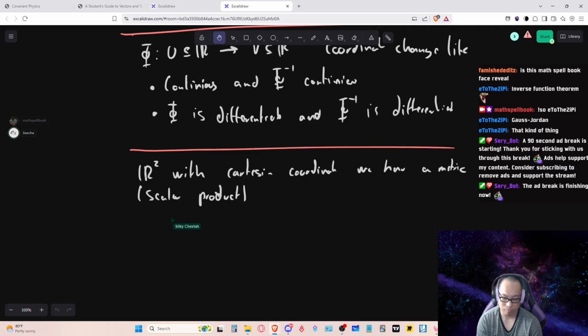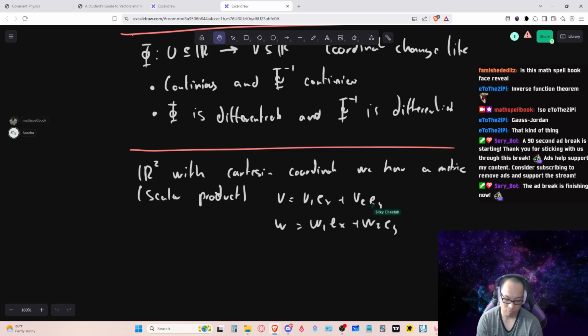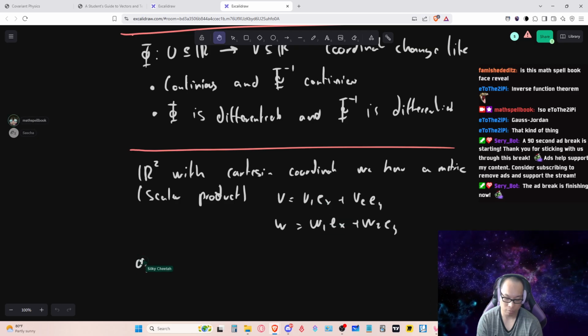So if you have a vector represented as v1 ex plus v2 ey, and you have w, which is the same thing but with w1 and w2 as components, where ex and ey are the standard basis. Right.